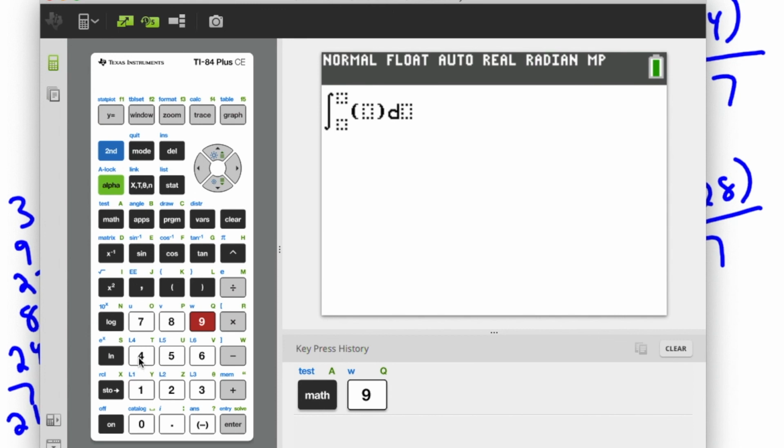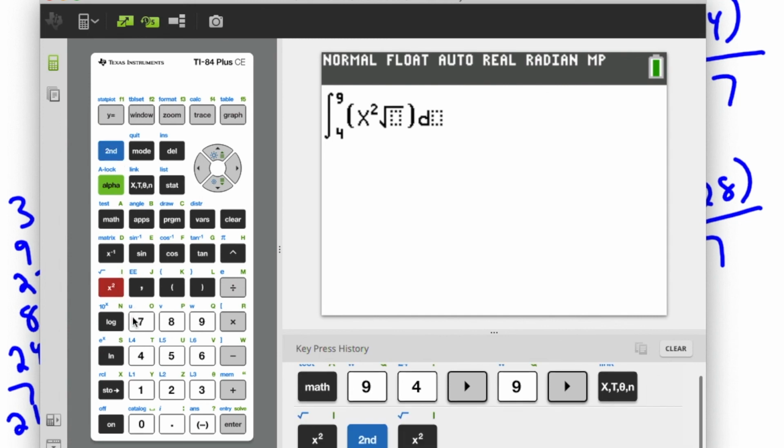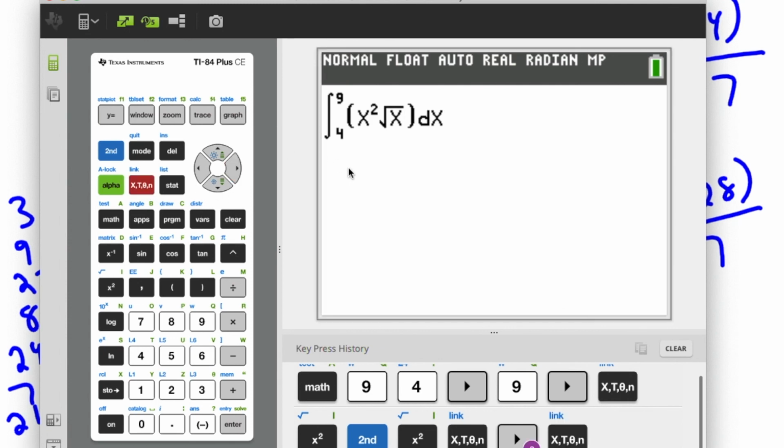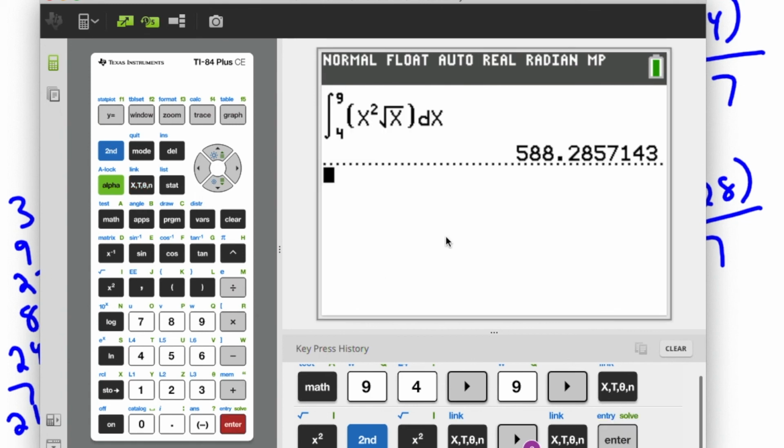So 4, press over, it'll go up to the top. 9 over. Now, let's just enter the function exactly the way it looked from the beginning, okay? That way, we don't have to take any chances of making a mistake in our work. So x squared times the square root of x dx, hit enter, and it will do it for you.